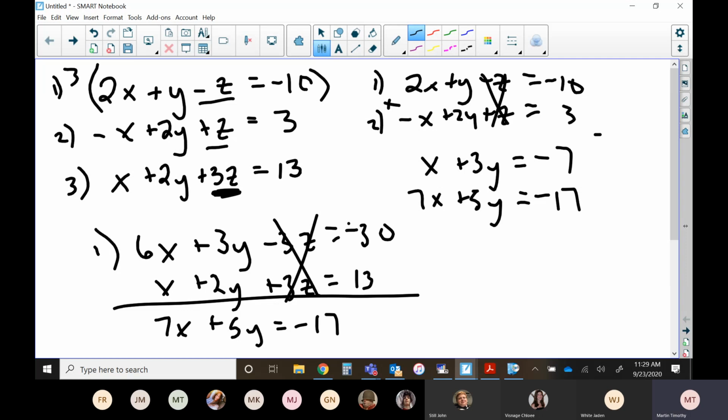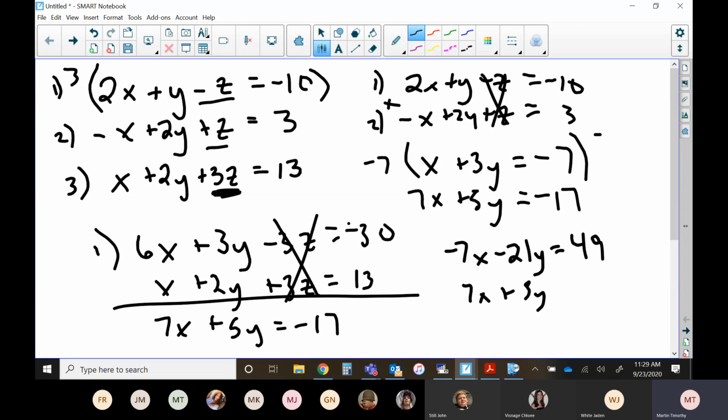He said, hey, if I times this whole thing by negative 7, boom, this becomes a negative 7x minus 21y equals a positive 49. And then I have a 7x plus 5y equals negative 17. Yes?